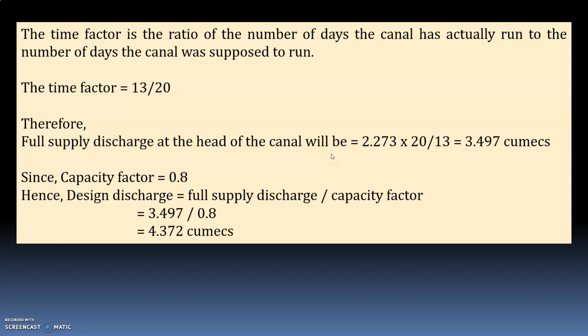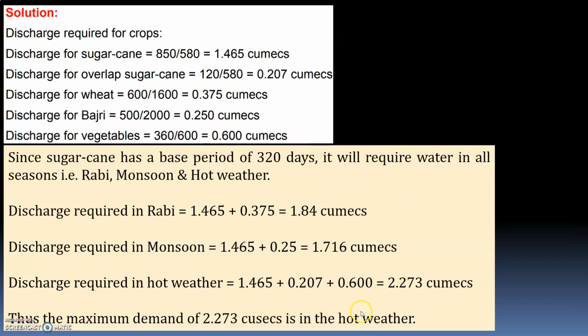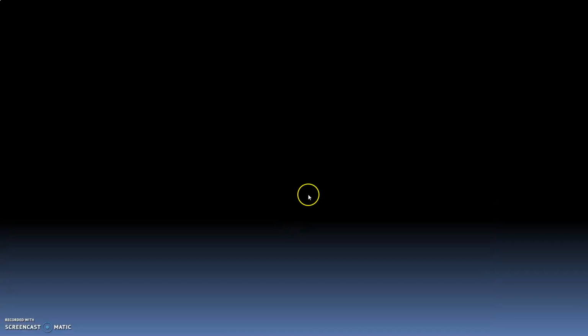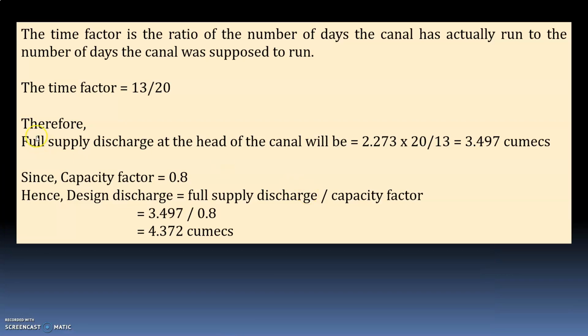That is the maximum discharge required divided by time factor. Maximum discharge required is 2.273 divided by time factor, which is 13 divided by 20. So it becomes 2.273 into 20 divided by 13, that is equal to 3.497 cumecs.